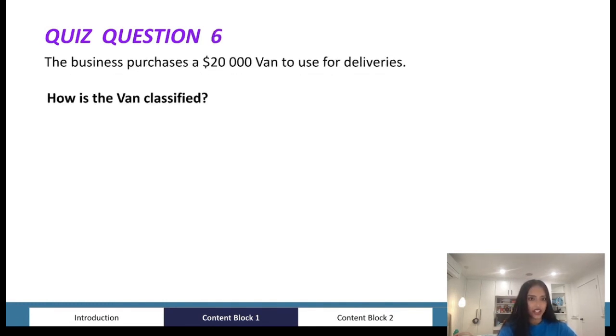Okay, next question. A business purchases a van for $20,000. What would this van be classified as? So I'll give you a minute again.